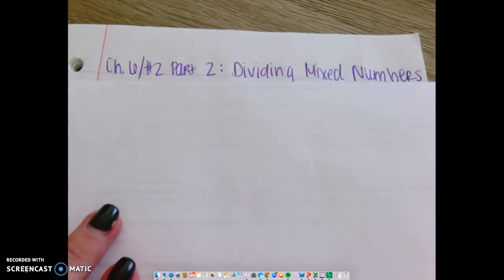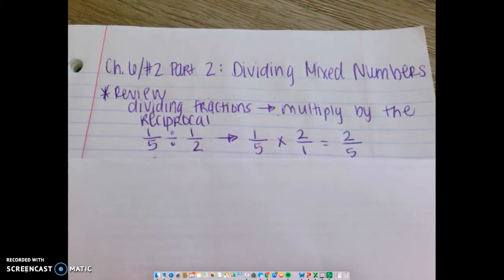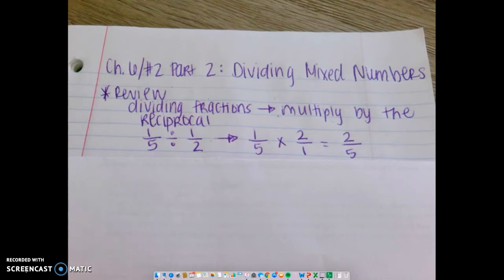So as a quick review here, we learned last week that dividing fractions means you multiply by the reciprocal. And here was the example problem that we talked about. And remember that reciprocal means your flipped fraction.